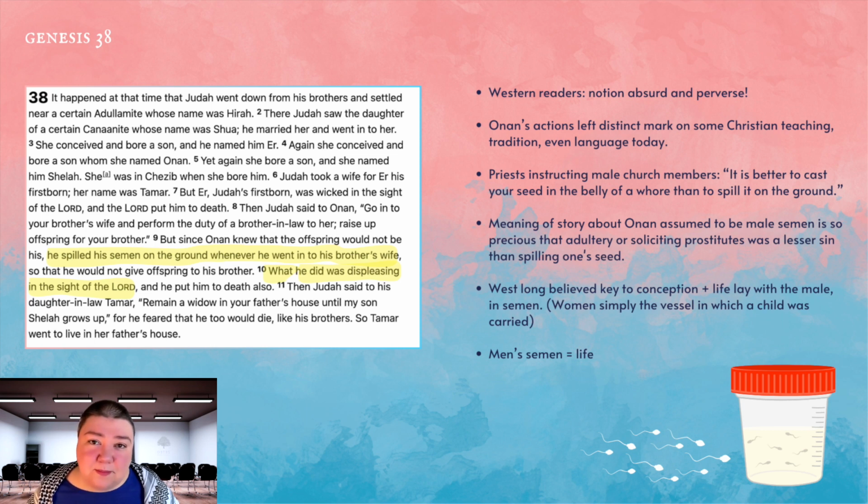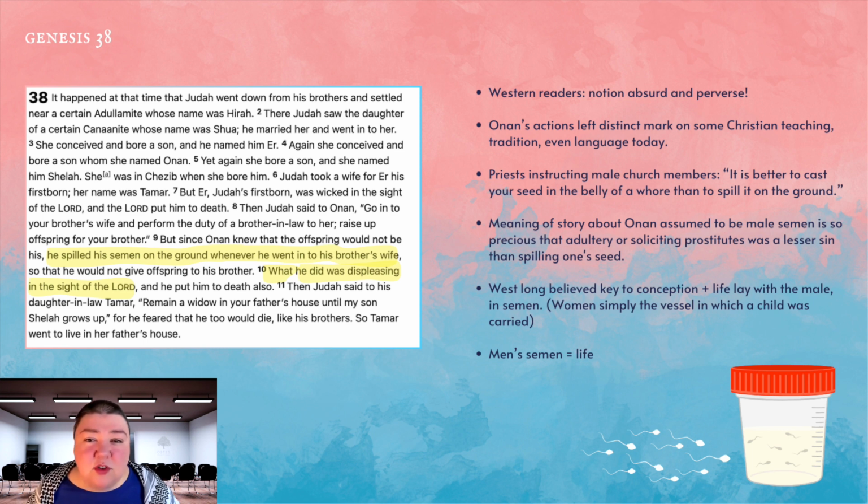First of all, for centuries, many priests would instruct male members of their churches with the phrase, "It is better to cast your seed in the belly of a whore than spill it on the ground." This stemmed from the belief that the meaning of the story of Onan was that male semen is so precious that adultery or soliciting prostitutes was a lesser sin than spilling one's seed, so to speak, the lesser of two evils.